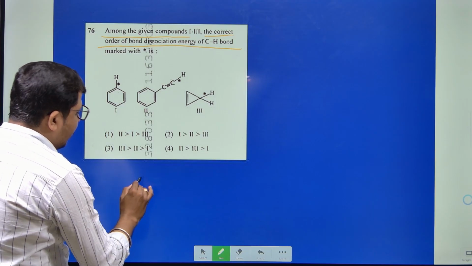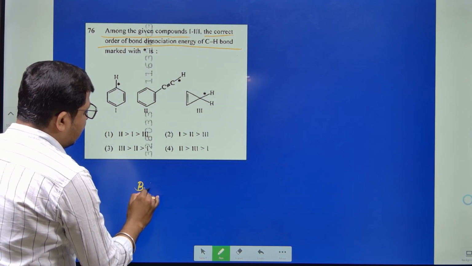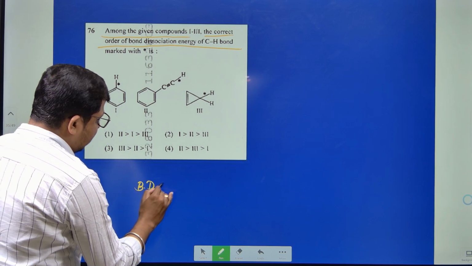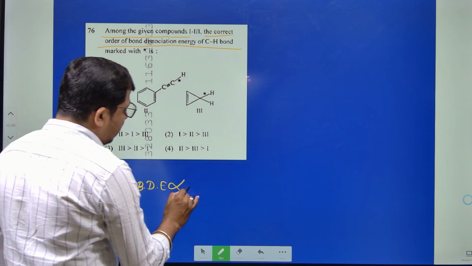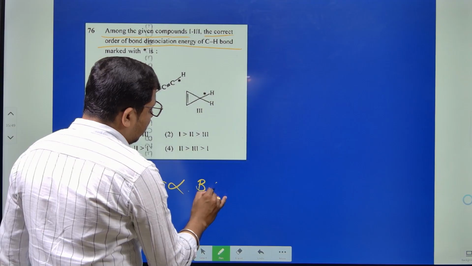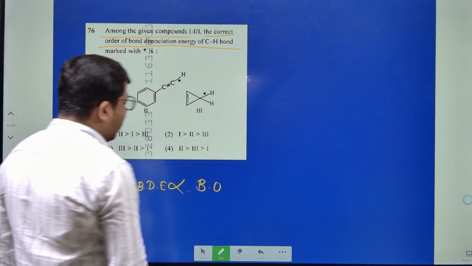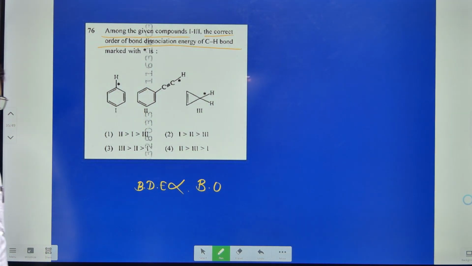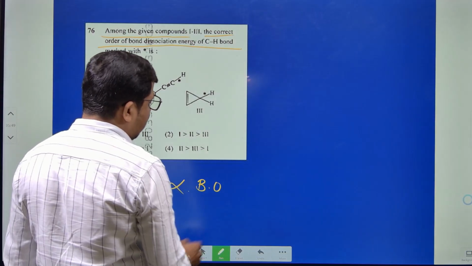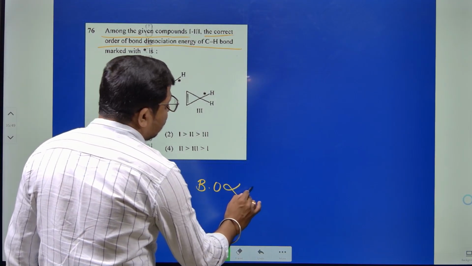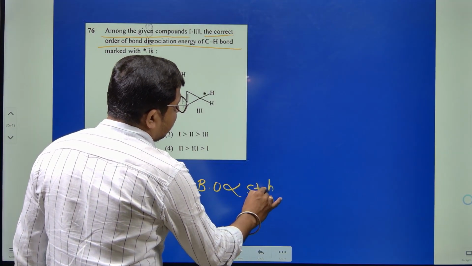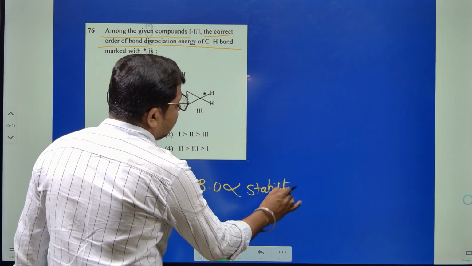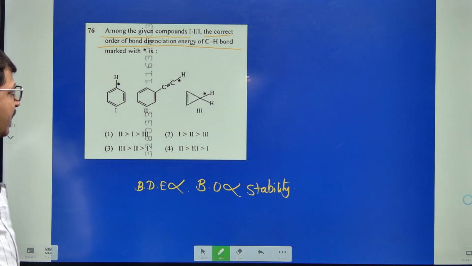I will write that bond dissociation energy is directly proportional to bond order, which is directly proportional to stability, right?